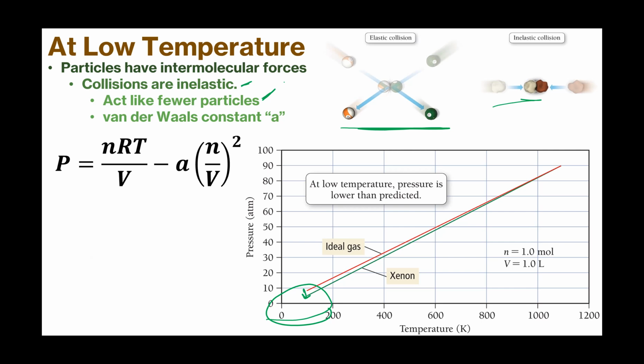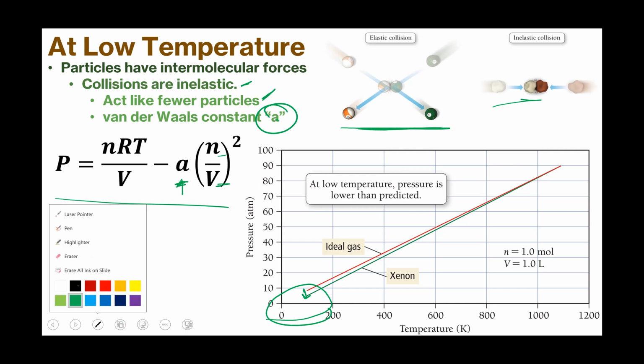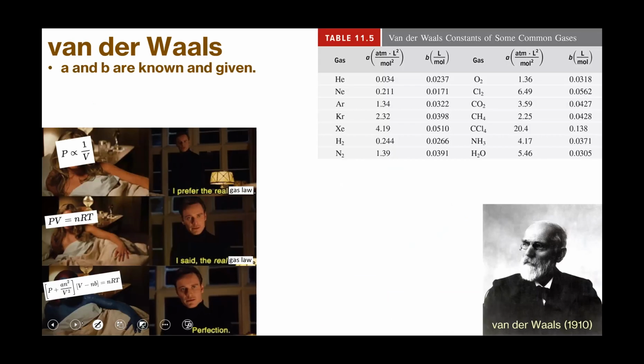Van der Waals has a fudge factor for this, and we call it A. A is a constant number here. n is the moles again. V is the volume. And this is what the pressure would look like under non-ideal situations. What we can do to make our lives interesting is to take these two fudge factors and stick them together and make what's called the van der Waals equation.